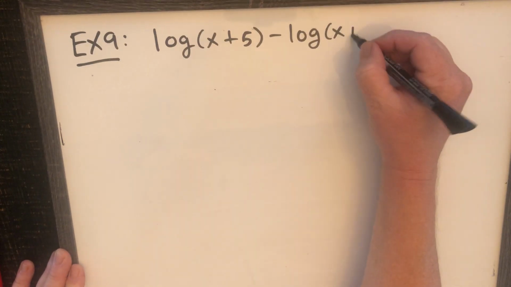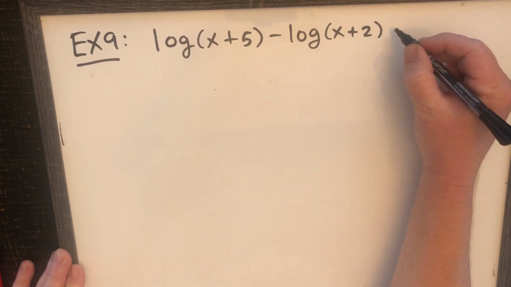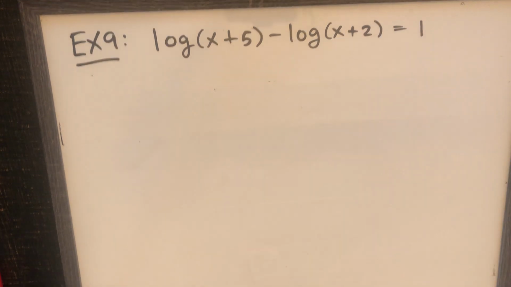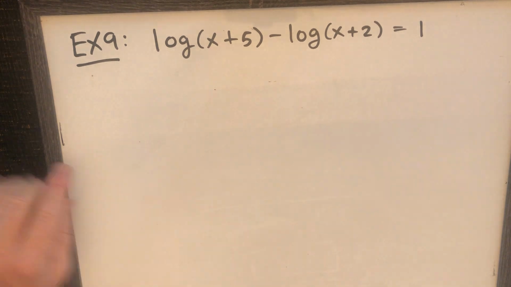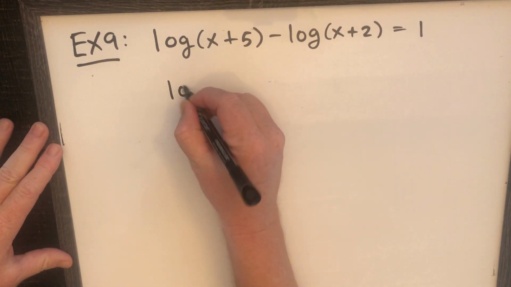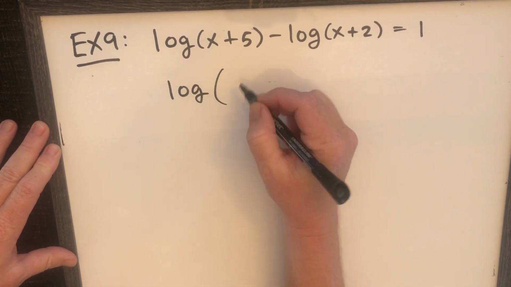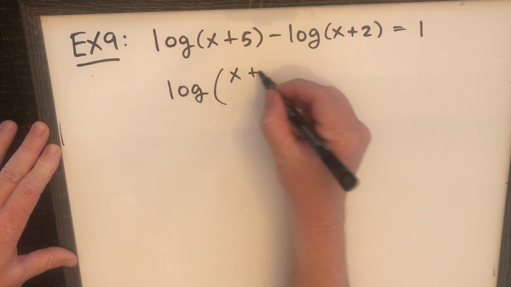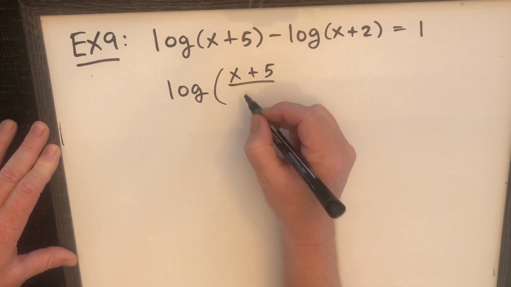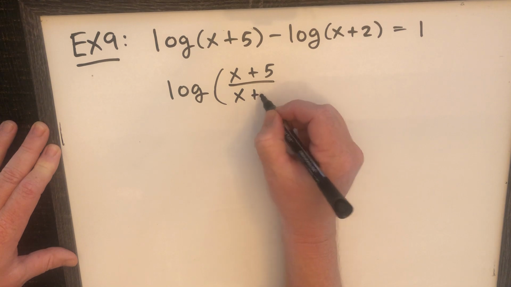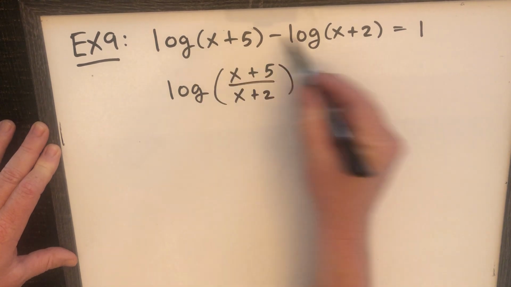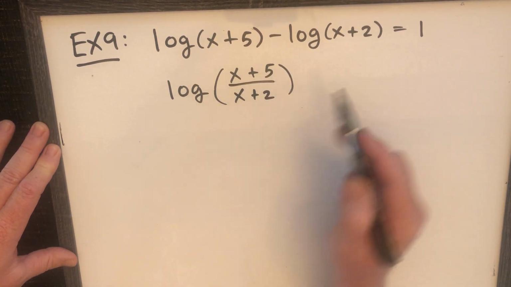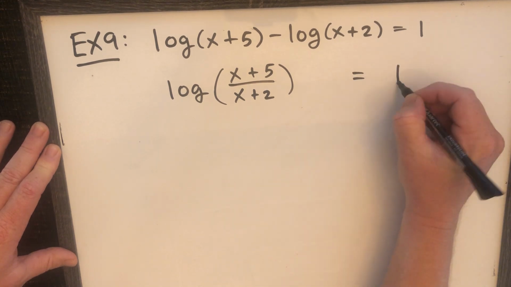This is a subtraction of logs. So remember, for a subtraction, it becomes a quotient. The difference of the logs is the quotient of the arguments. The difference of the logarithms is the log of the quotient. That's another way to say it.